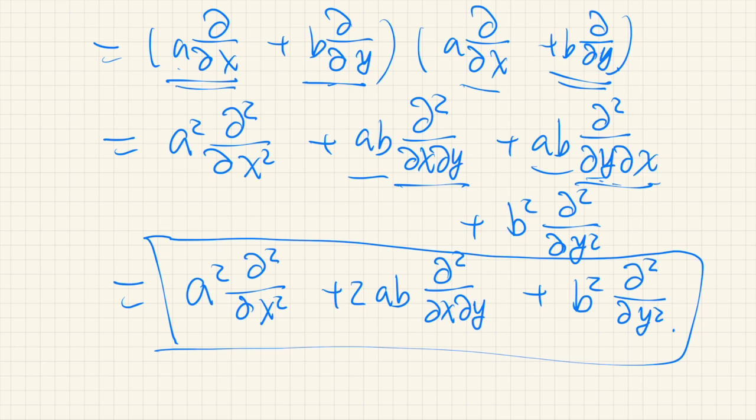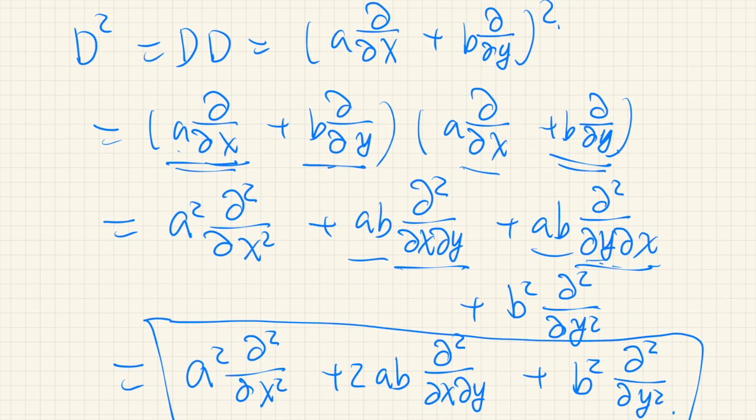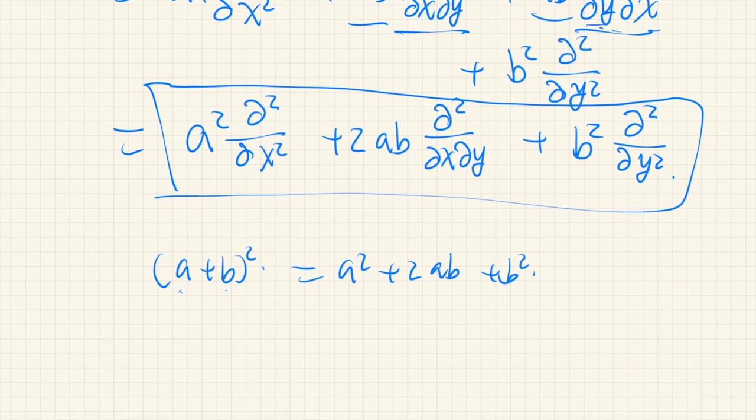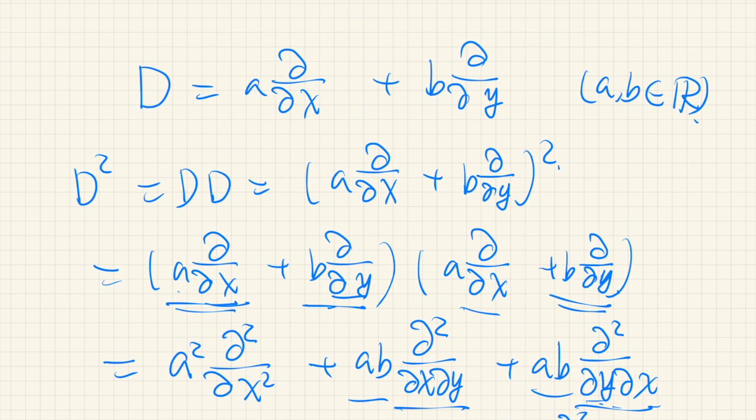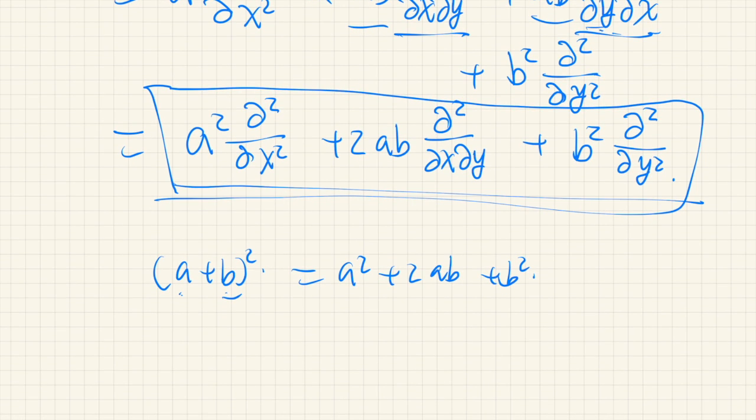Okay, so this is just like expanding a plus b squared, right? So this is a squared plus 2ab plus b squared. So instead of a and b, we have a times the differential operator with respect to x, and b times the differential operator with respect to y, and we get a very similar thing.